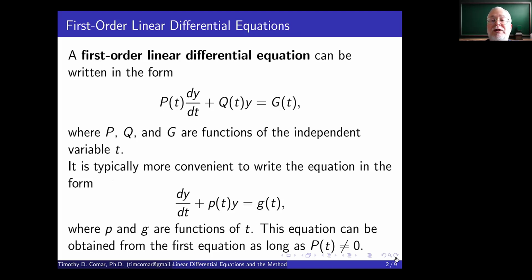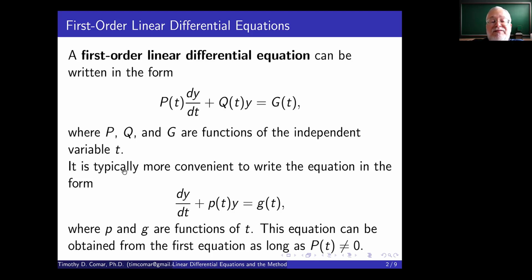A first-order linear differential equation can be written in this form here, where P of t, Q of t, and G of t are functions of the independent variable t, and y is the function for which we want to solve.